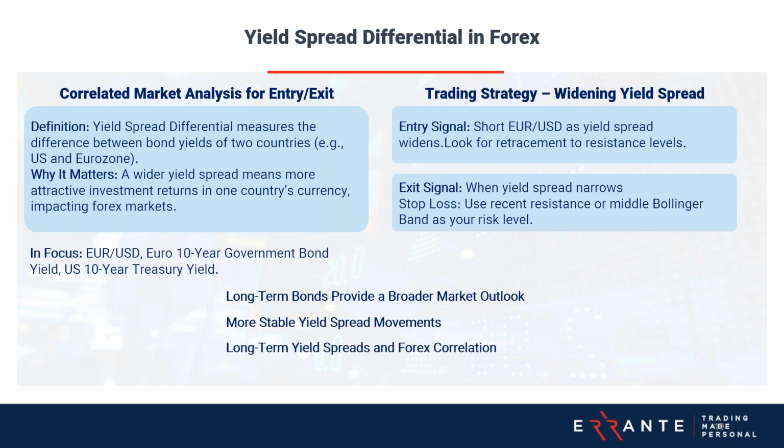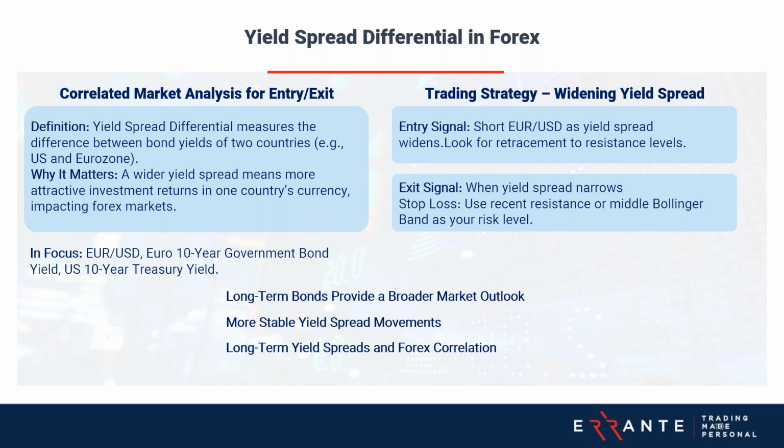The third reason here is that long-term yields, yield spreads, and forex correlation usually confirm each other in a better way. For example, the yield spread between US 10-year Treasury bonds and Eurozone 10-year bonds gives traders a good indication of long-term capital flows and relative economic outlooks between the two regions.